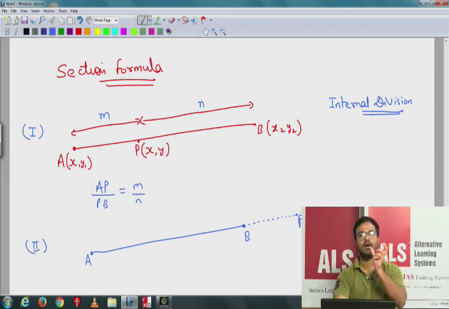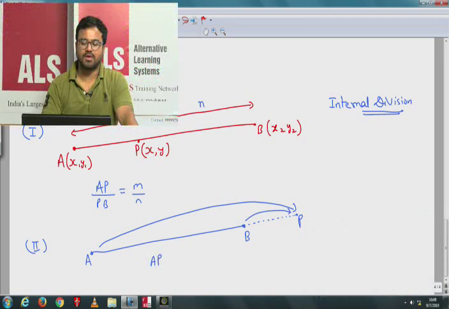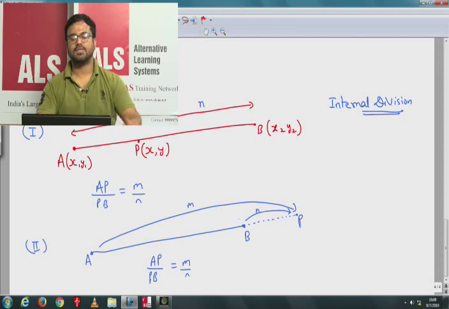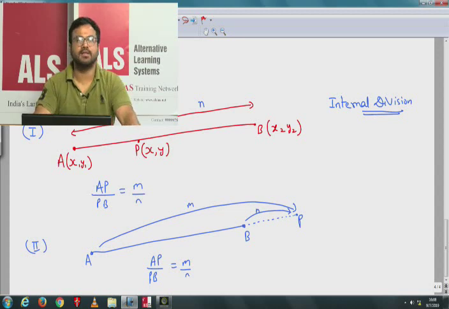This time also, when P is dividing, the ratio of AP to PB is again going to be M by N. This is M and this is N. Now this time point P is dividing AB into AP and PB in the ratio of M is to N, by staying outside the line segment.